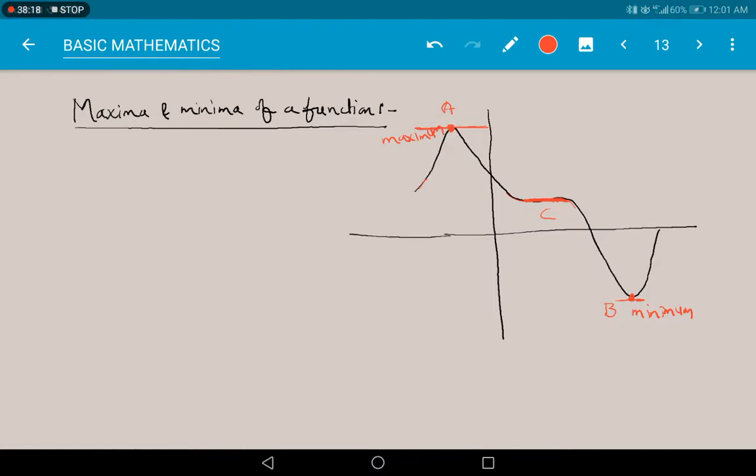So simply we can say that at all turning points the function can be constant, but all constants are not turning points.